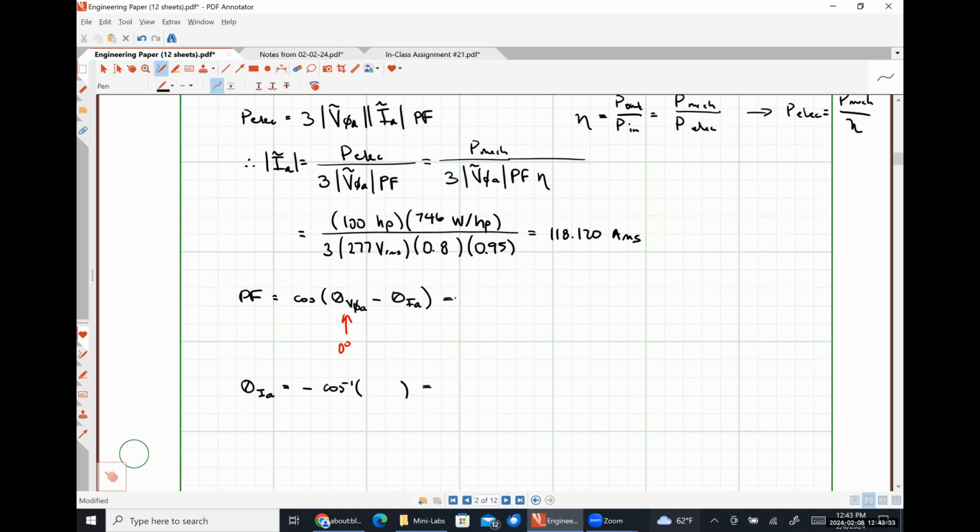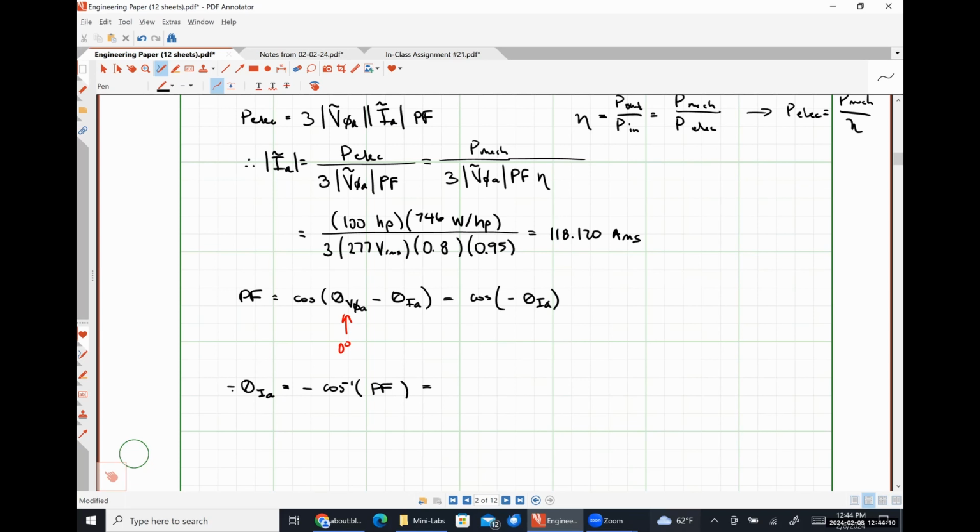Let me write this, go a little bit further here. So this is going to look like the cosine of negative IA, like so. So theta IA should be, it'll be like this. Sorry, I'm stumbling here, but let me explain what's going on with these signs because it's a little bit confusing.